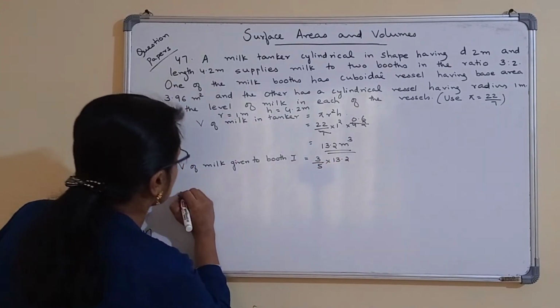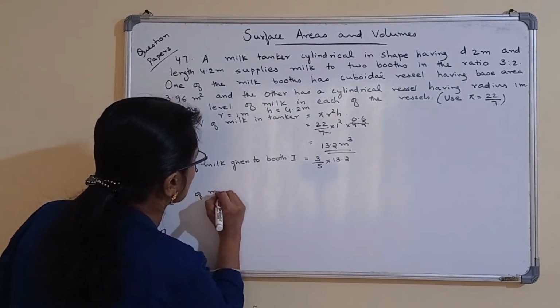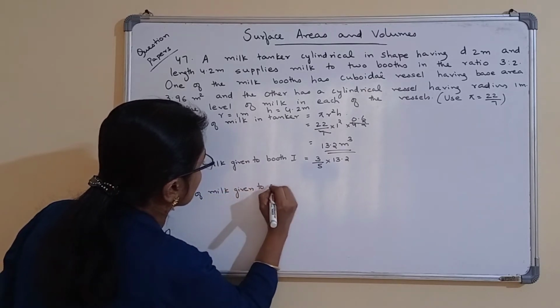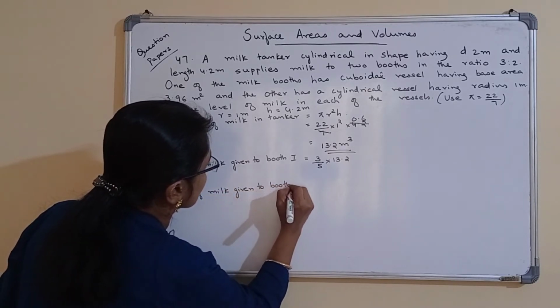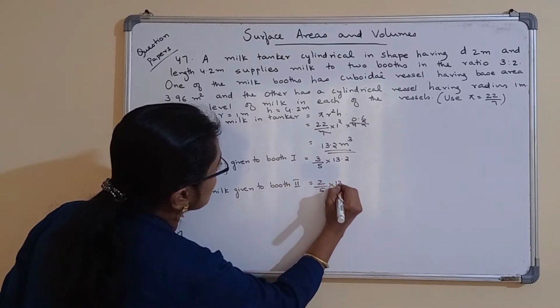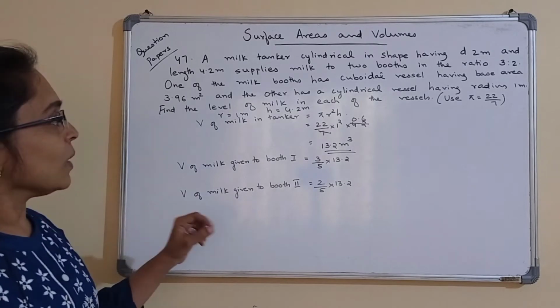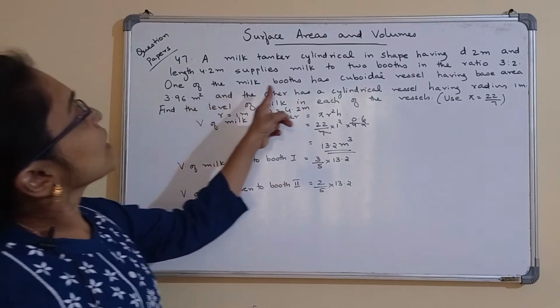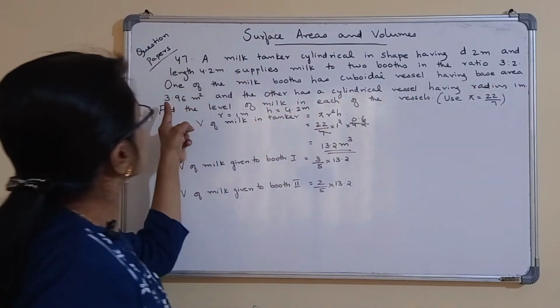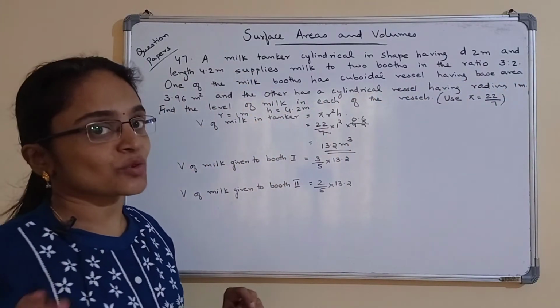Now volume of milk given to booth 2. It is 2/5 into 13.2, right? Now, given that one of the milk booths has cuboidal vessel having base area 3.96 meter square.